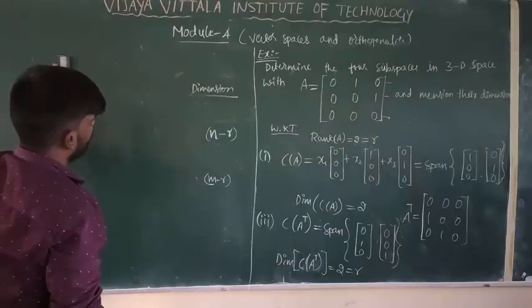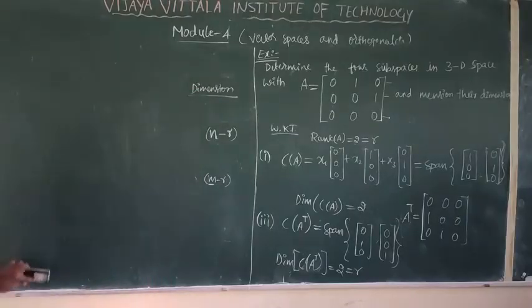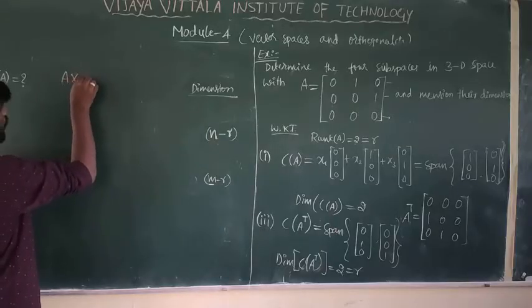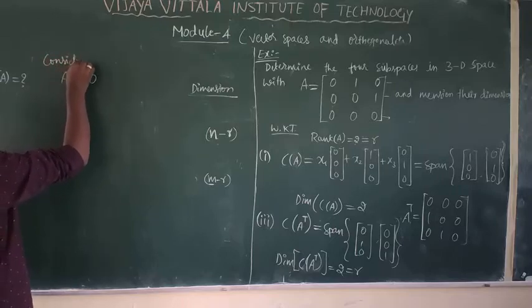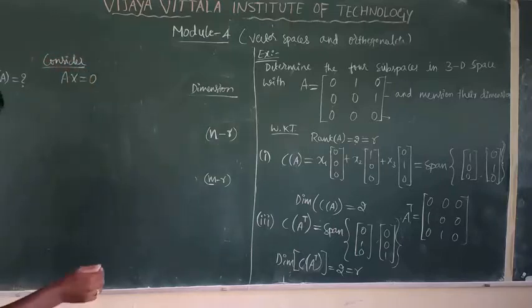Now we will find the null space of A. Here, the null space of A is the solution of Ax equal to 0. Consider this equation.